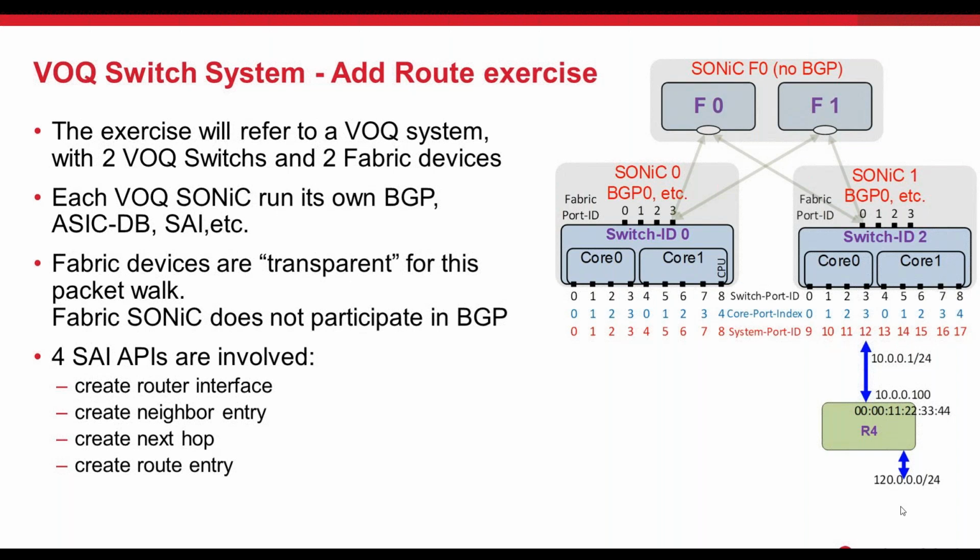This router is advertising route 120.0.0.0/24, and the router interface is using the address 10.0.0.100, and the next hop ARP is 00.0.0.112.2.3.3.4.4.